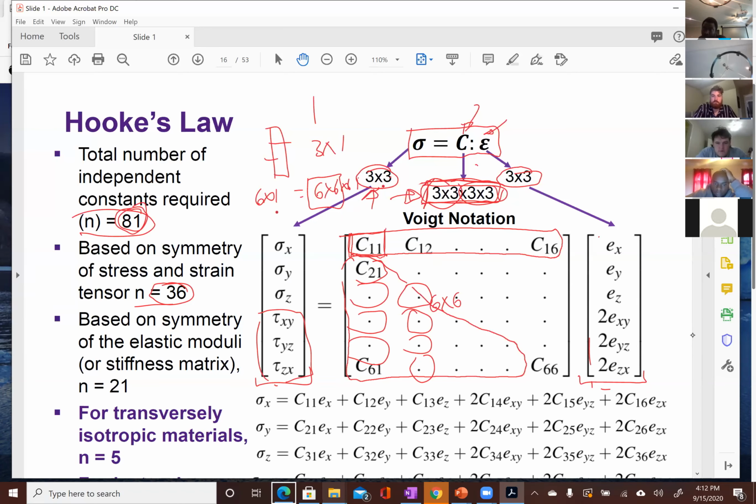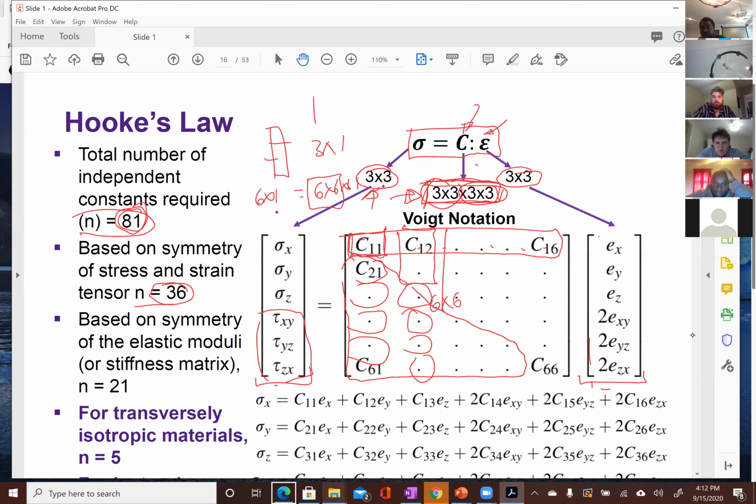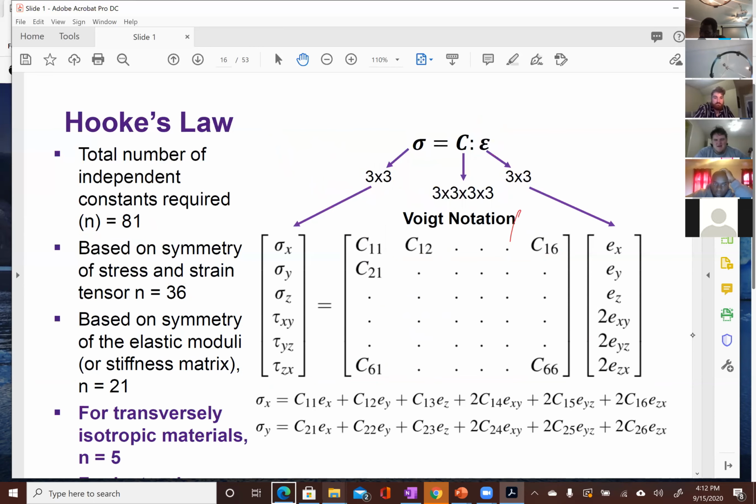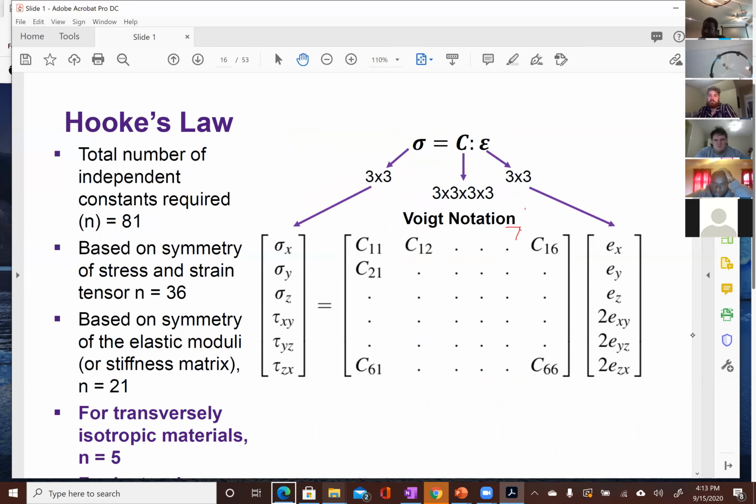Just one, right? How many do you have on the second? 2. So 1 plus 2 plus 3 plus 4 plus 5 plus 6. That's the answer to the question. 21. Yes. So based on the symmetry of the elastic stiffness matrix, you only need 21 components.